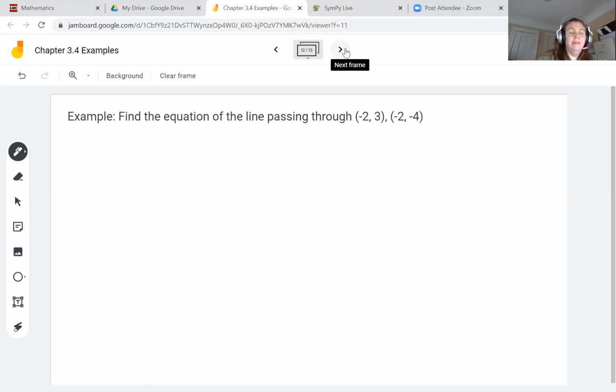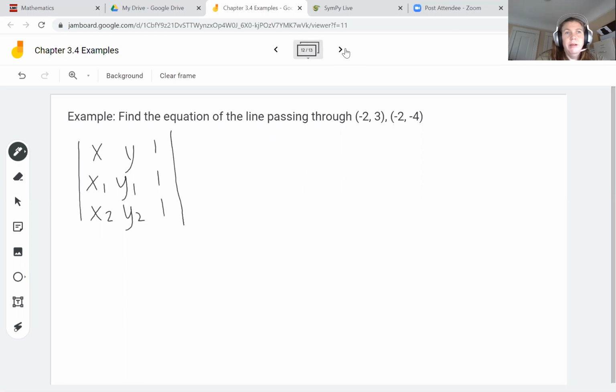Okay, now let's rewrite our matrix we've been using to find the determinant with an x and a y in the first row, and then we could put in the values of x1, y1 in the second row with the 1 here, and the values x2, y2 in the third row with a 1 in the third column there.